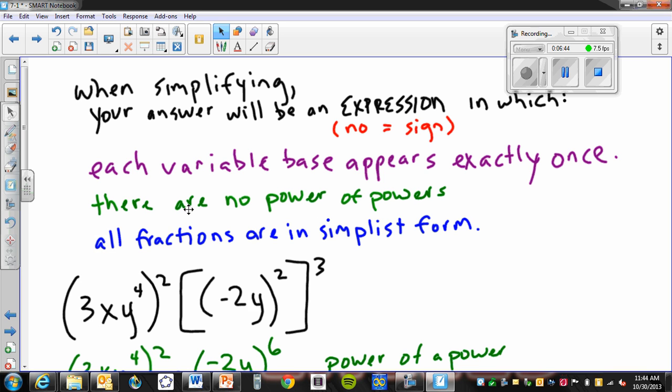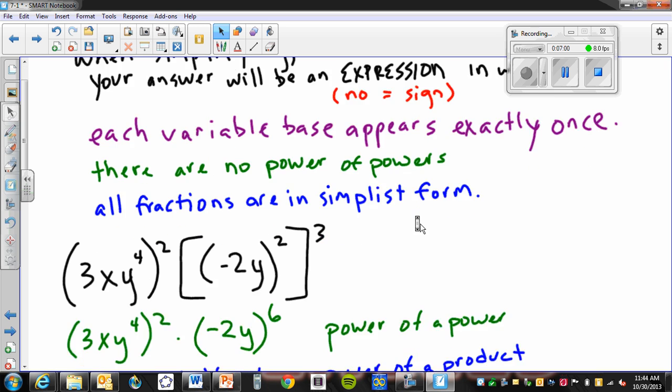You have to use your properties to get it down to just one. There are no power of powers, so nothing like y to the 4th to the 2nd. None of that. And all fractions are in simplest form.